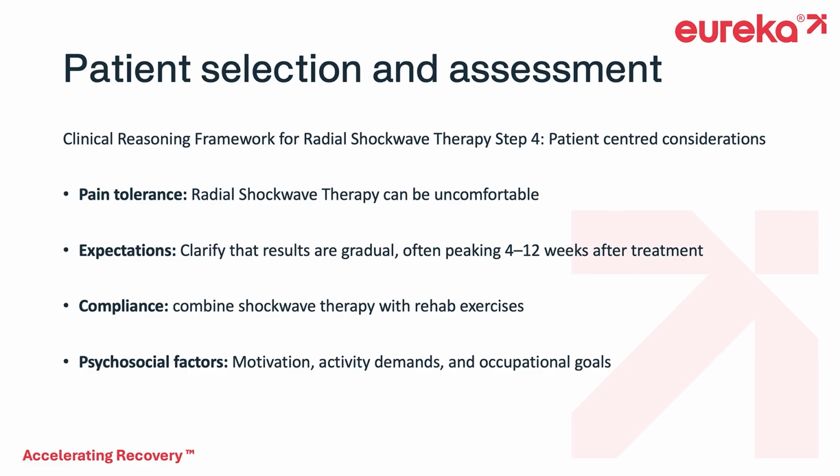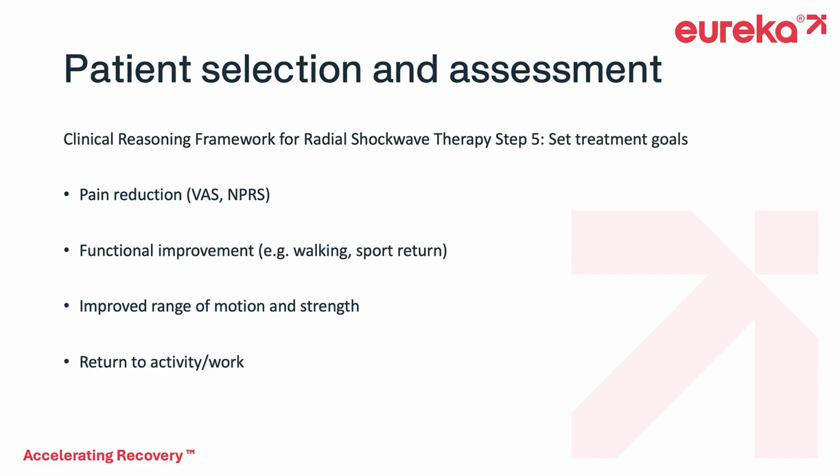Best results come when combined with rehabilitation exercises such as eccentric loading programs and heavy slow resistance or stretching regimes. Psychosocial factors. Consider the patient's motivation, activity demands, and occupational goals. These should all be aligned with the treatment. Step 5. Set treatment goals. Examples include pain reduction, functional improvement, improved range of motion and strength, and a return to work and leisure activities.